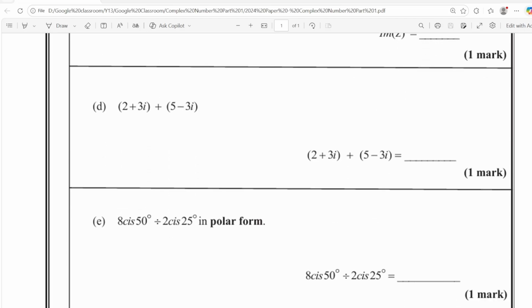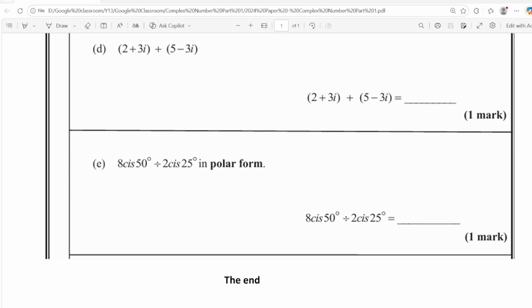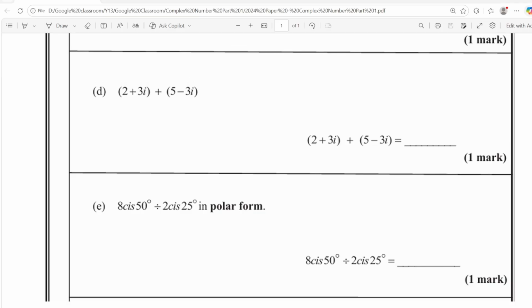Let's answer D. D is 2 plus 3i plus 5 minus 3i.